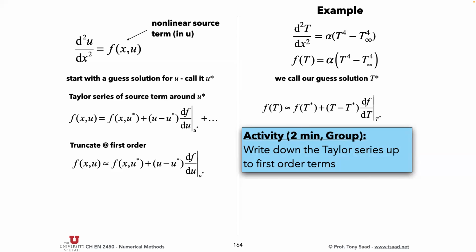Apply this truncated Taylor series to the right-hand side for our example problem. In other words, your f of t is alpha t to the 4 minus t infinity to the 4.